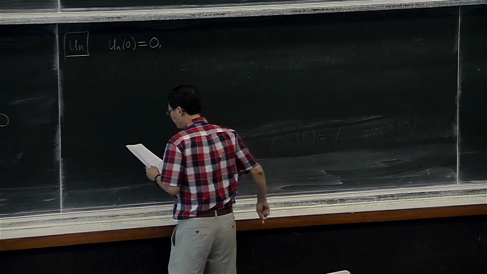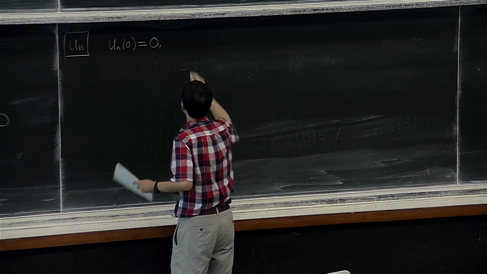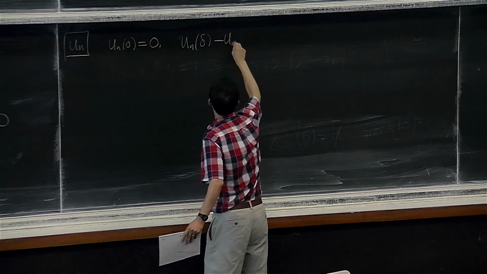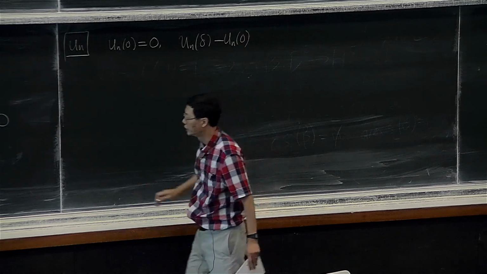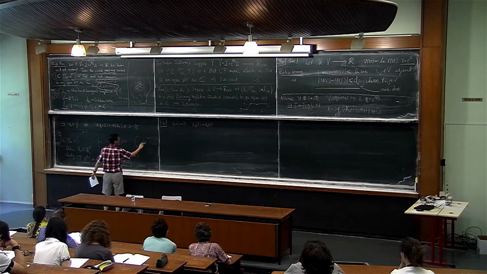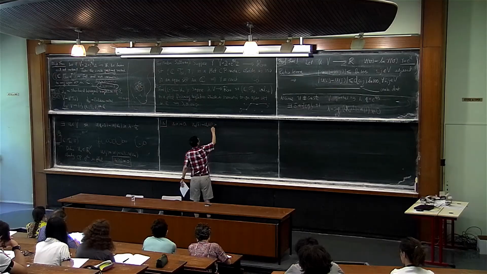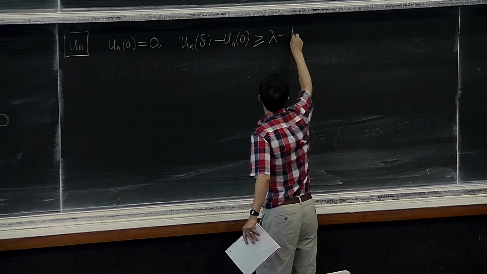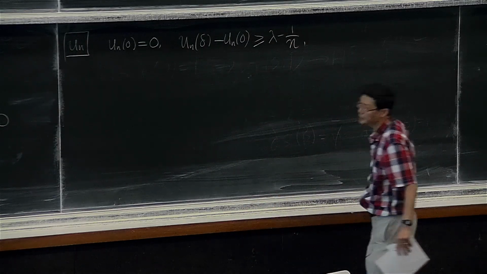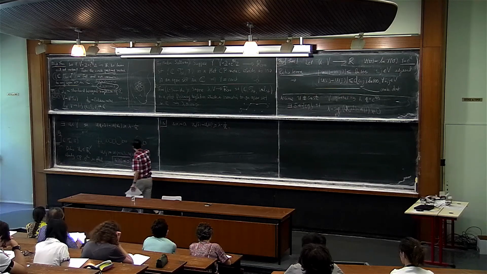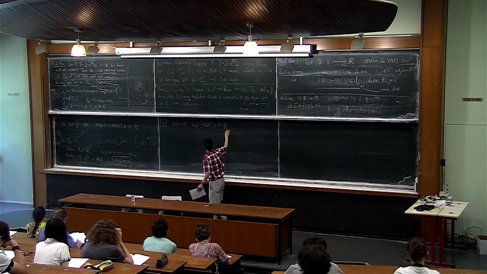And un delta minus un 0, so it's now just these two neighbors, is at least lambda minus 1 over n. That's the definition, right? This is just this equation. Just do a shifting, and that becomes that.